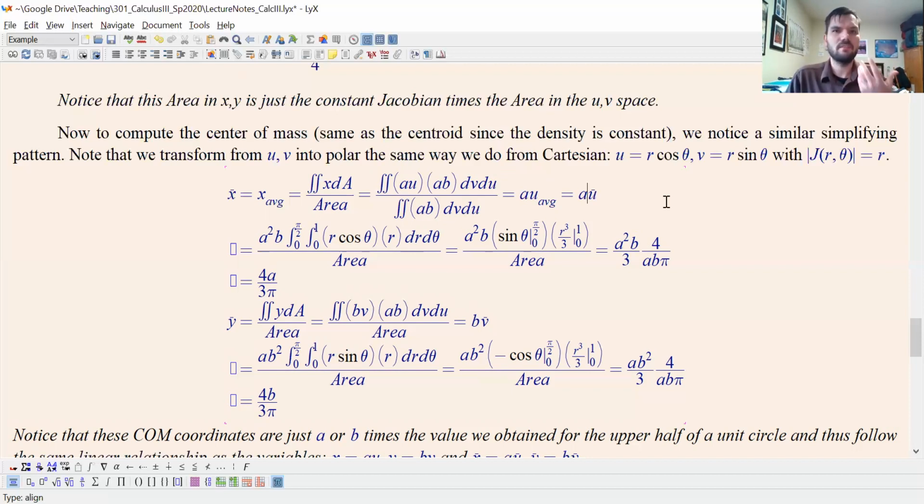If we know what the center of mass coordinate is in the UV space, which we've done a few times, we could probably figure that out, then we simply multiply by a to get the x center of mass. But let's work through it as if we don't remember. Go back to this form of the integral, keeping that area the same in the bottom. We translate into polar coordinates using u as r cosine theta and v as r sine theta, basically treating u as a new x and v as a new y.